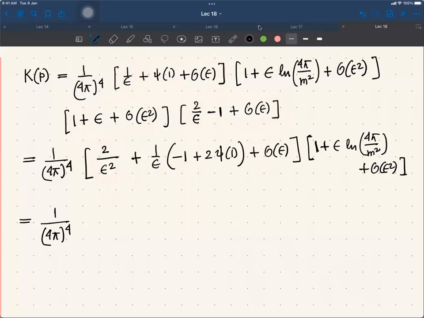So then if you do the same thing for the next two factors, the result you get is 2 over epsilon square plus 1 over epsilon times 2 plus 2 log 4 pi by m square.